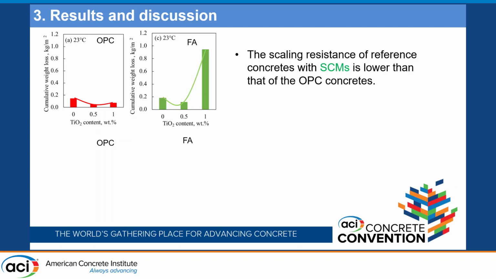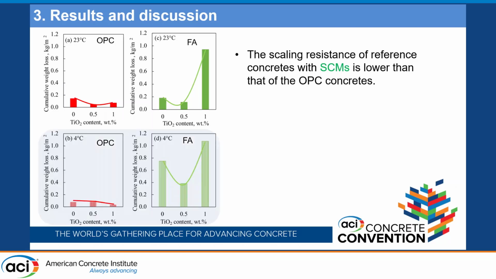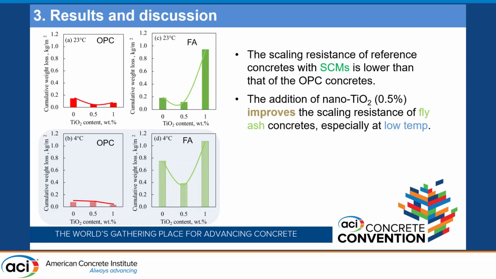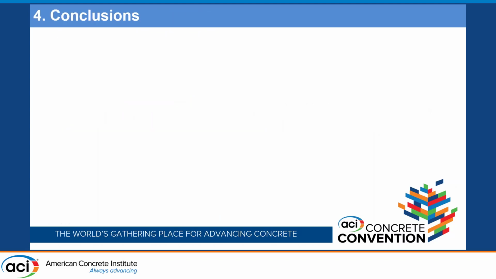We're still not sure why there is this maximum effect in case of the amount of nano-titanium dioxide added, but nevertheless, it did exist, as you can see over here. And very similar trend at 4 degrees Celsius as well. So we have a situation where nanomaterials may improve the scaling resistance, but you have to be careful as to what amount you use in order to not make it worse.